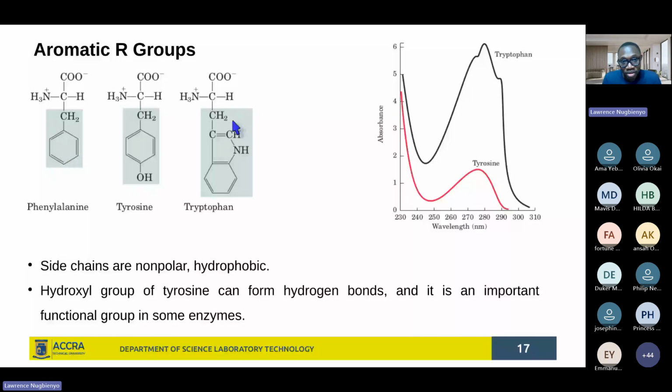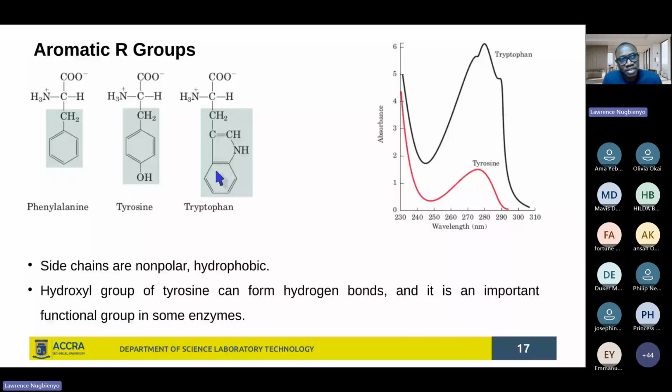Tryptophan has two rings. You have a 5-sided ring, inside which you have nitrogen with hydrogen on it, and then a 6-sided ring fused onto that ring.